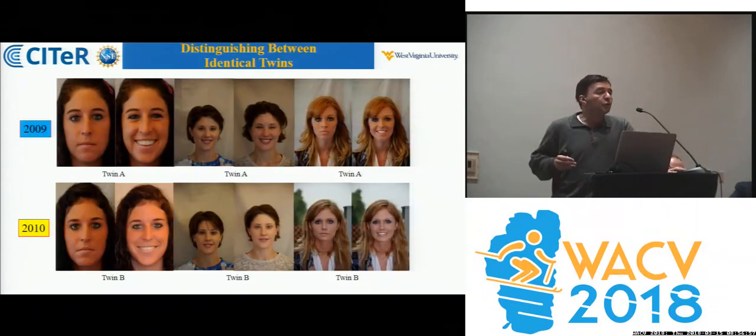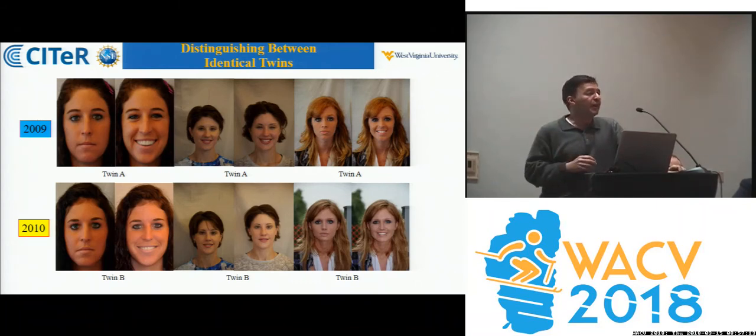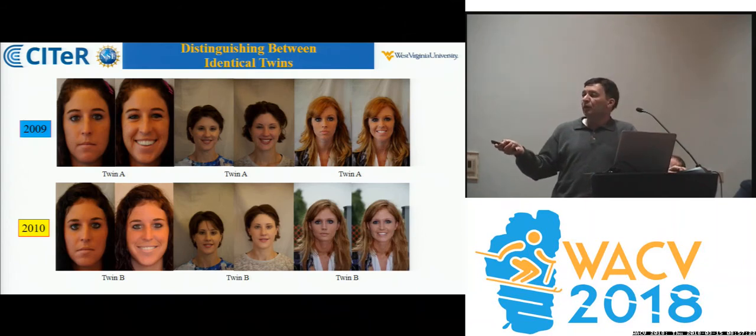Now, if you are into face recognition, one of the major problems, again for law enforcement, is how do you discriminate or distinguish between two identical twins? At West Virginia University, we have been collecting a lot of data for the FBI, and the goal is, can your face recognition algorithm distinguish between two identical twins? All these pictures are identical twins at different years, and we have several years of these twins that we have collected data on.